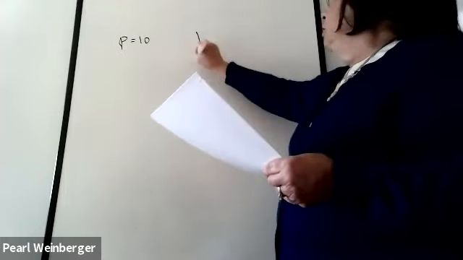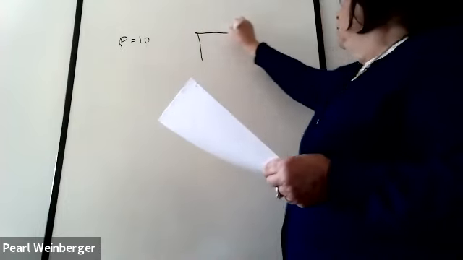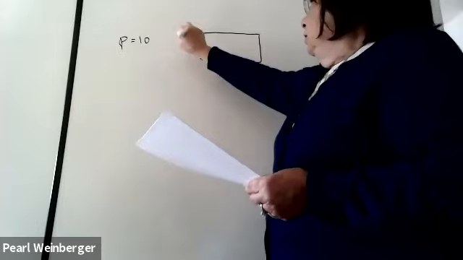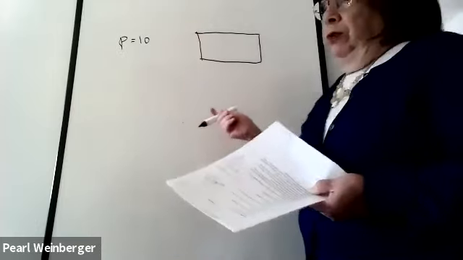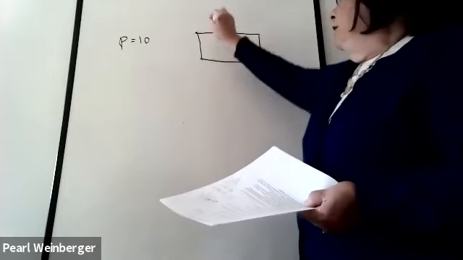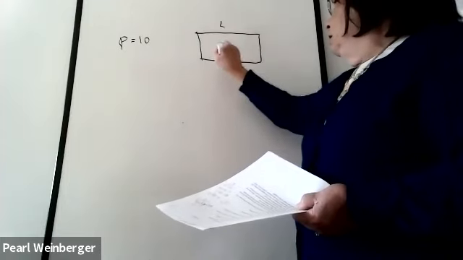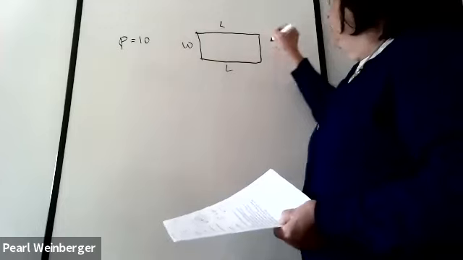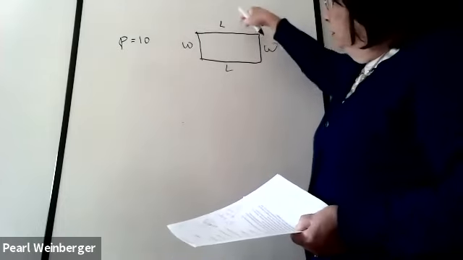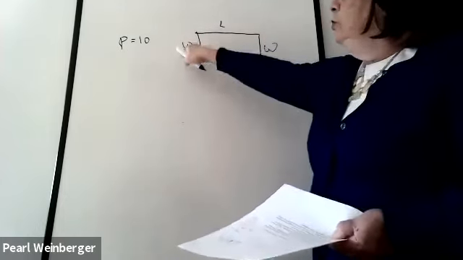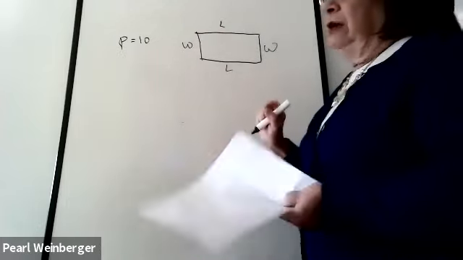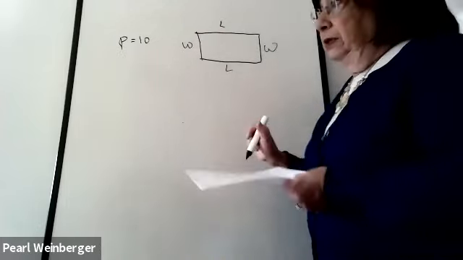So let's draw a little diagram here. Remember in a rectangle, the lengths are both the same, and the widths are both the same. There are two lengths that are equal and two widths that are equal, and the perimeter is everything added up together.